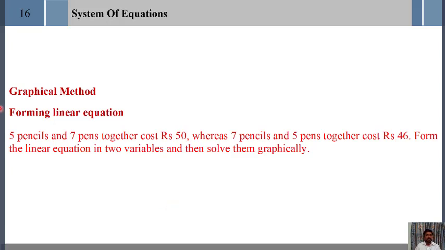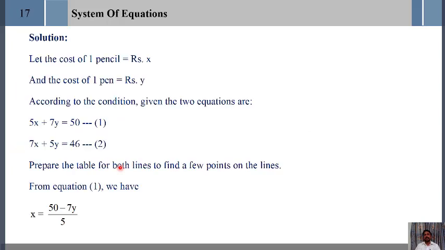You see, 5 pencils and 7 pens together cost rupees 50, whereas 7 pencils and 5 pens together cost rupees 46. Now we are asked to form the linear equations in 2 variables and then solve them graphically. Let us consider the cost of 1 pencil to be x and the cost of 1 pen to be y.